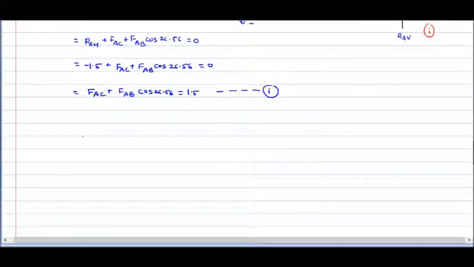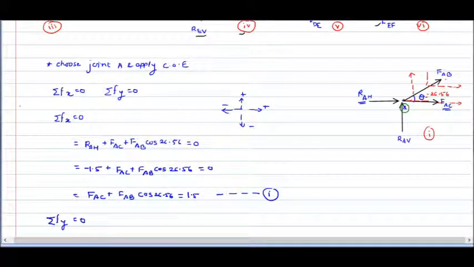Similarly, I can use the second equation, sum of all forces in y direction equal to 0. Let's see which forces we can count in the y direction. For y direction I will have to use RAV and the vertical component of FAB.